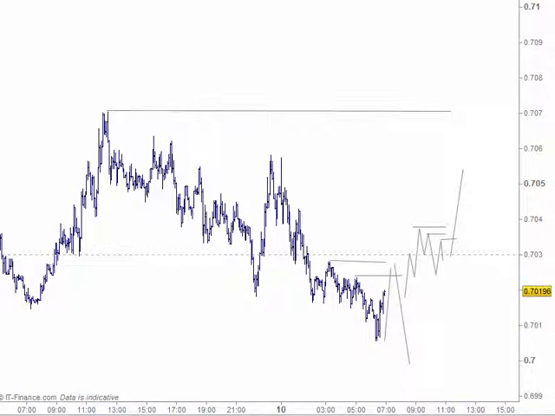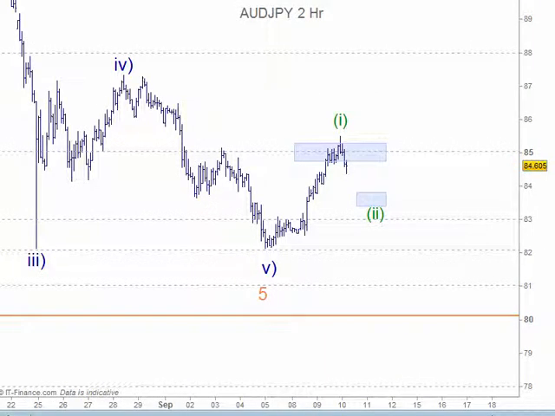Now the next one is the Aussie Yen, and we're talking about a low being in place here for this market because we were below wave 3 here. We can squeeze in 5 waves here, all those sorts of things. So it's possible to have the same situation that I've just mentioned then as well with the Australian dollar.